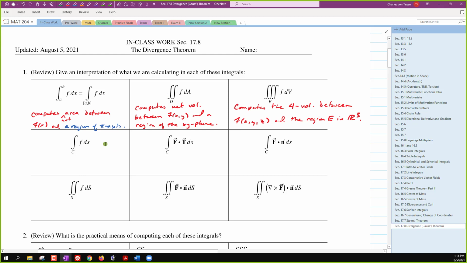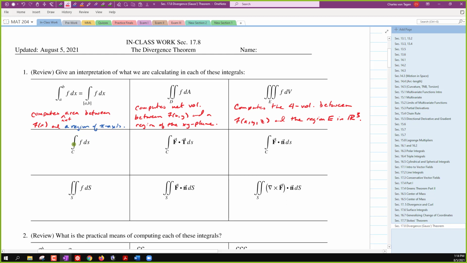So all of these integrals, line integrals, regular line integrals, circulation integrals, flux integrals, surface integrals, flux surface integrals, flux curl integrals, all of those, when it comes time to evaluate them, we try to make them into one of these three. So what's an interpretation of this integral right here?